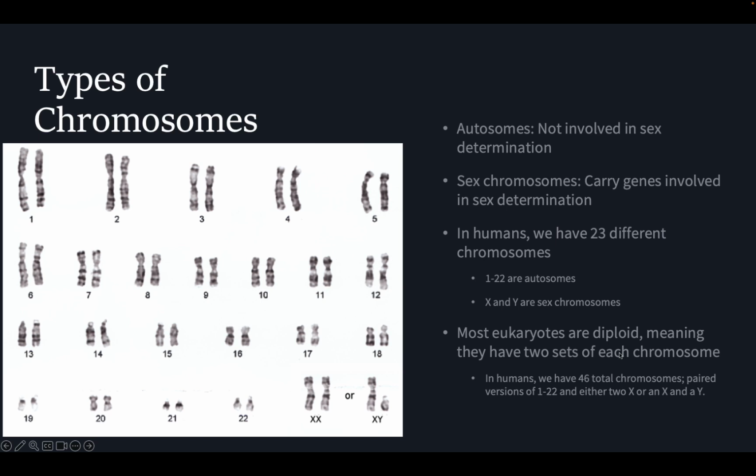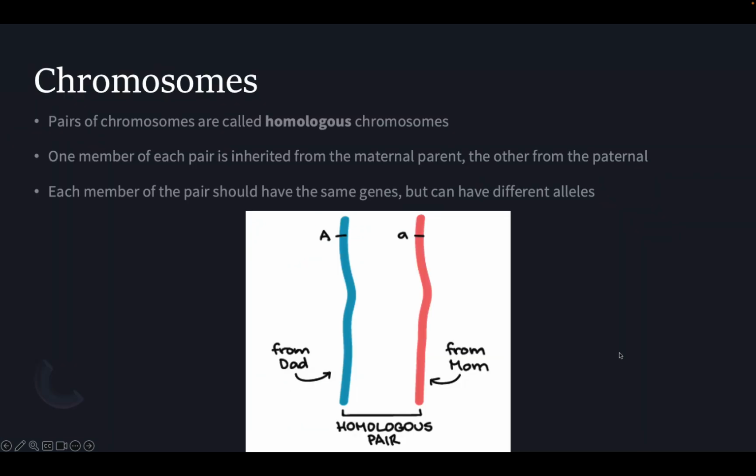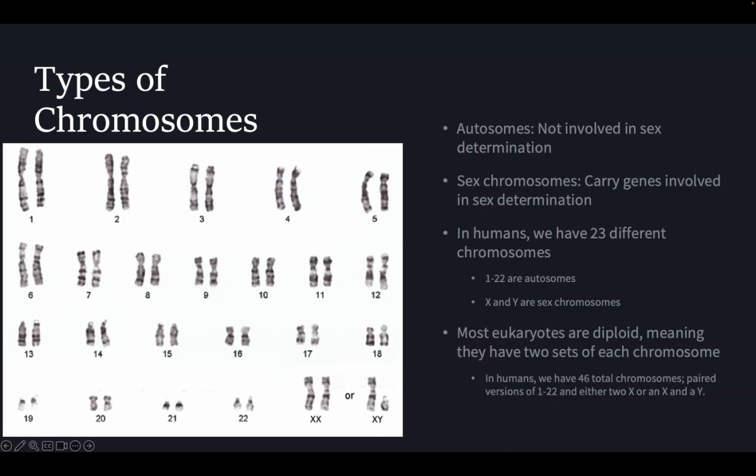Now, I told you we have this pair, right? One inherited from the mother, one inherited from the father. The pair of chromosomes are called homologous chromosomes. So, if we go back and look at this image, these two, both versions of chromosome 1, this is considered a homologous pair.